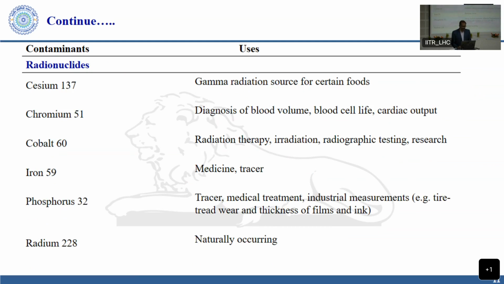Phosphorus 32 is a tracer and used in medical treatment. And radium 228 is naturally occurring. So these radionuclides are used in the medical field to detect health conditions or for treatment purposes. These are the types of radionuclides used.